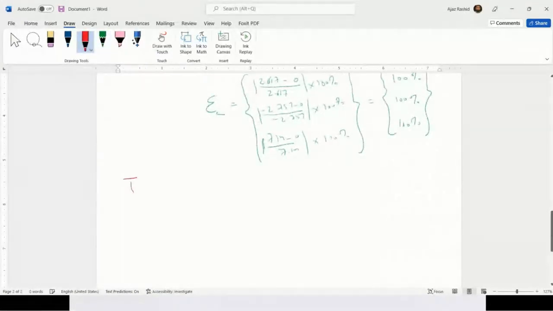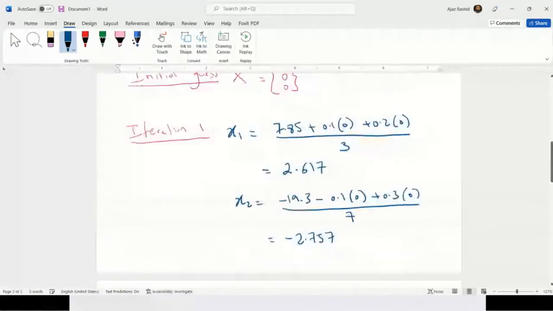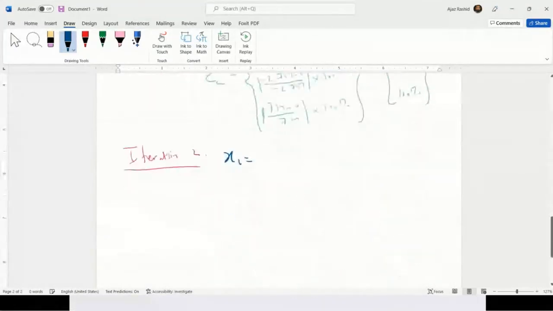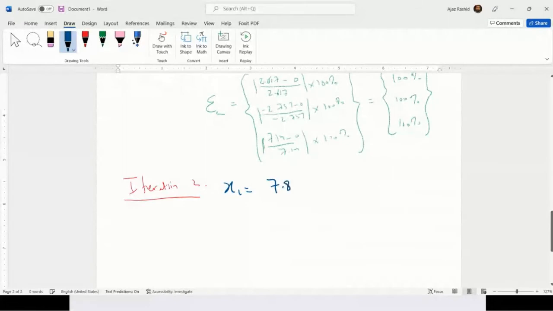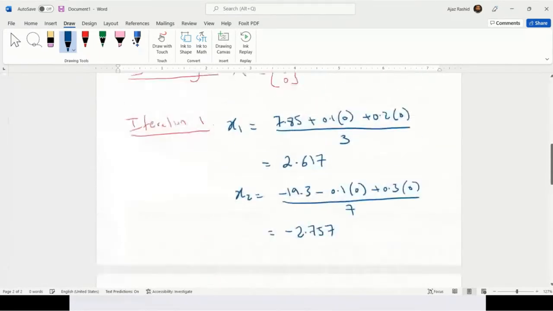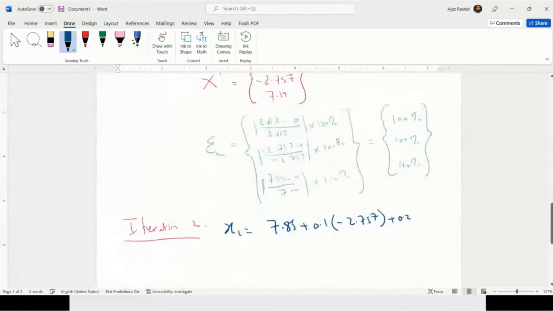Then you go on to iteration number 2. So x1 now is just like we had it before: 7.85 plus 0.1, and the x2 value is minus 2.757, plus 0.2, and the x3 value is 7.14, divided by 3.